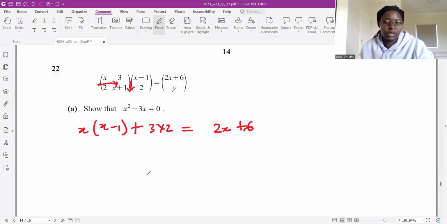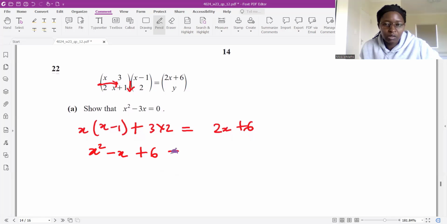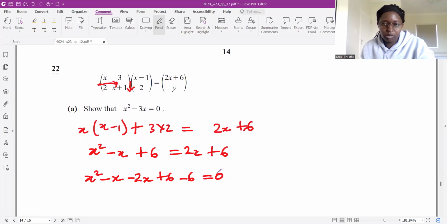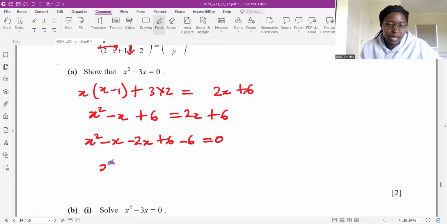Let's see if we can get the answer. So this gives me x squared minus x plus 6 is equal to 2x plus 6. We want to get everything to that side. So this is x squared minus x minus 2x, then plus 6 minus 6 is equal to 0. Fine, it's giving us the answer: x squared minus 3x is equal to 0.